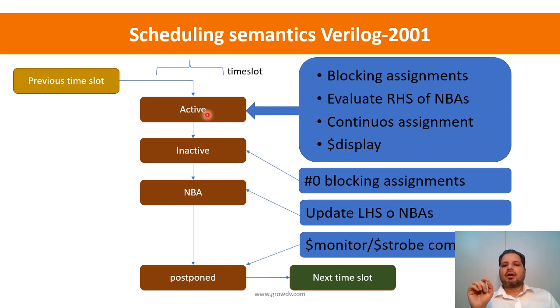So what the Verilog scheduling semantics is trying to do is group the set of statements that will be executed in different time regions. The reason it needs to do that, as we talked about, is to prevent race conditions, and we will see how it prevents them. In any general programming language, the code executes all in an active region.